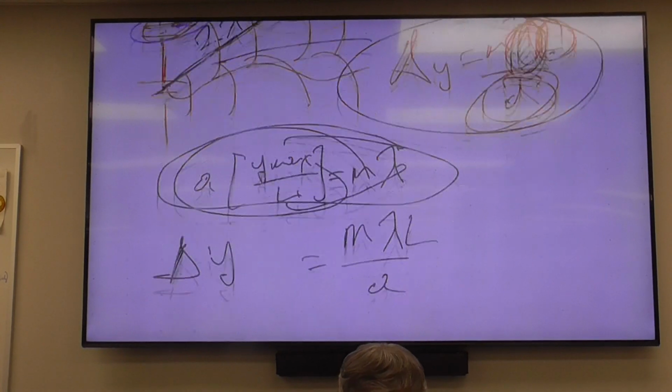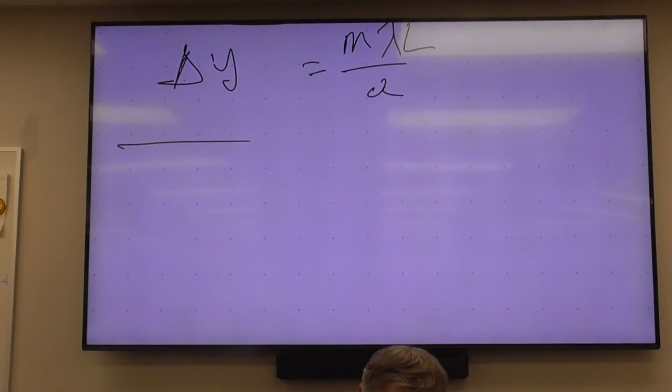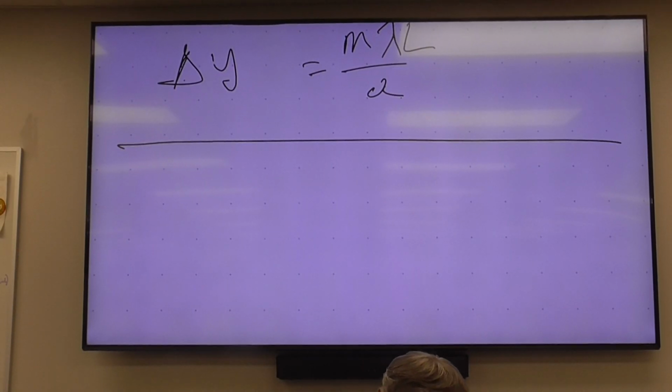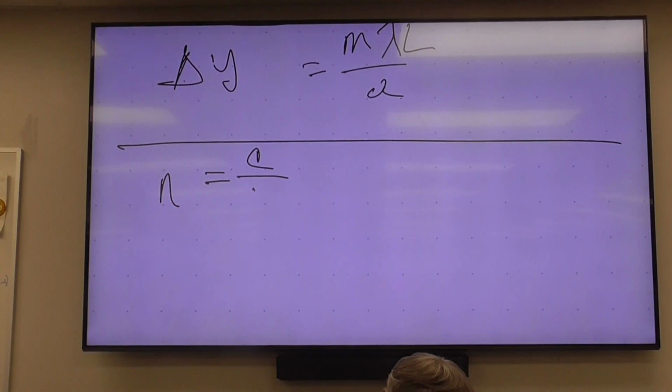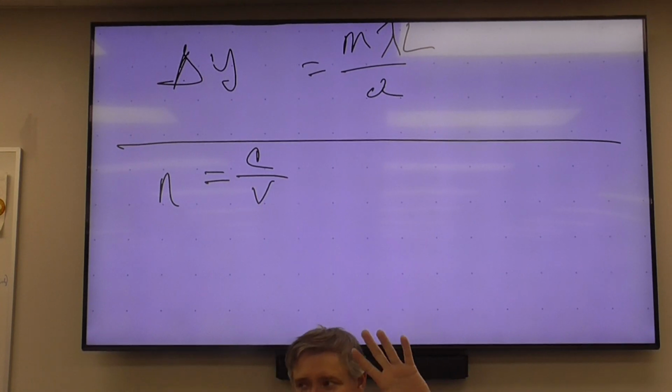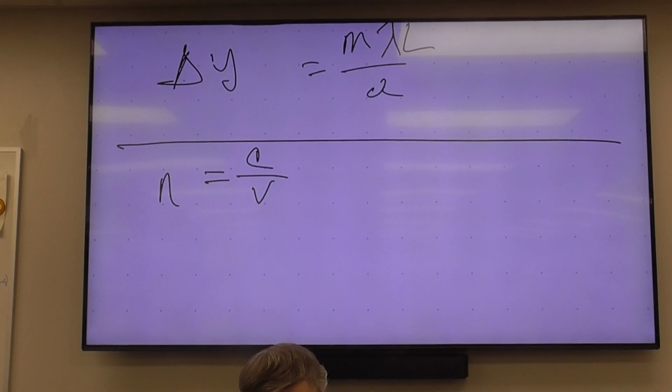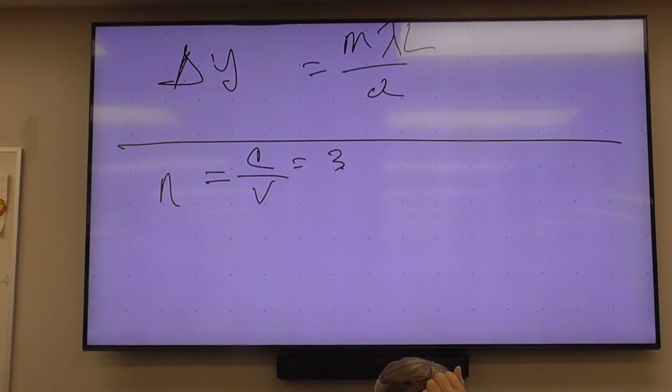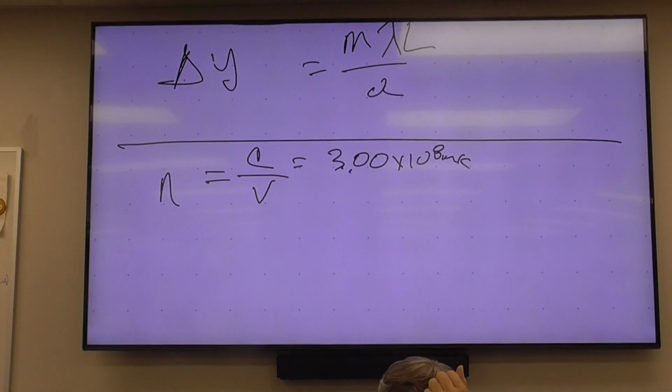Now, index of refraction. What's on your equation sheet is n equals c over v. Let me explain how this works, and this is where it will eventually tie back into the equation that we just had. C is the speed of light, 3.00 times 10 to the 8th meters per second.